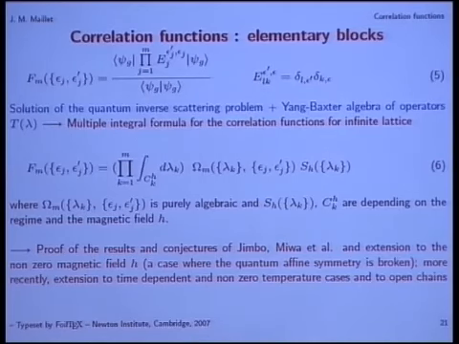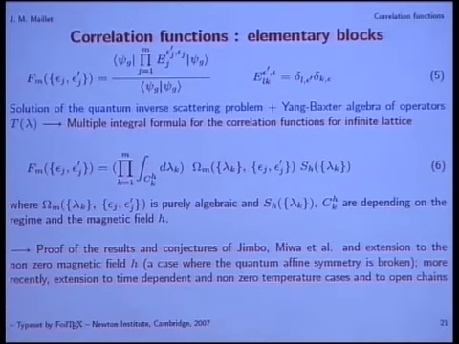And for such quantities, using the solution of the quantum inverse scattering problem to reconstruct these local operators in terms of ABCD operators, we were able to show that such correlation functions in the thermodynamic limit are given just by some multiple integrals, where the integrand is given explicitly in terms of explicit functions of the lambdas here.